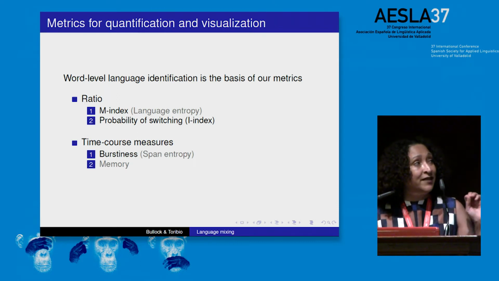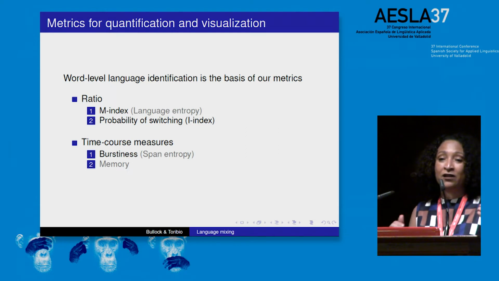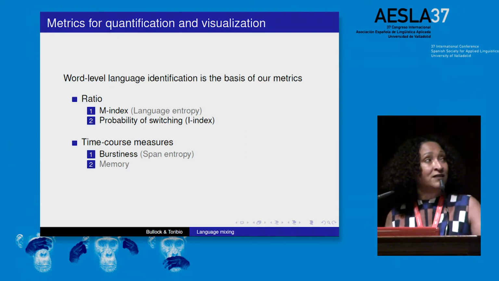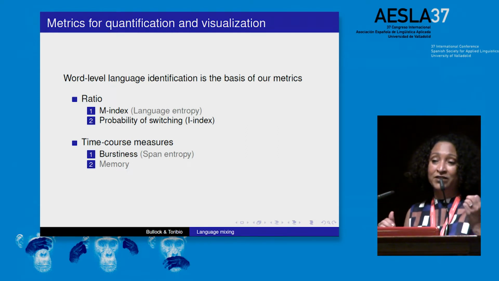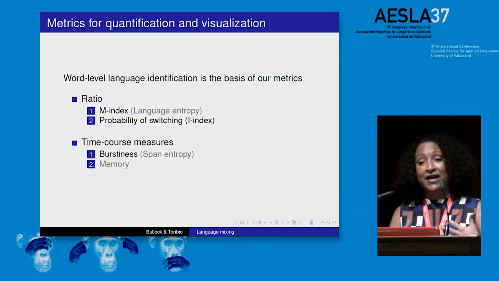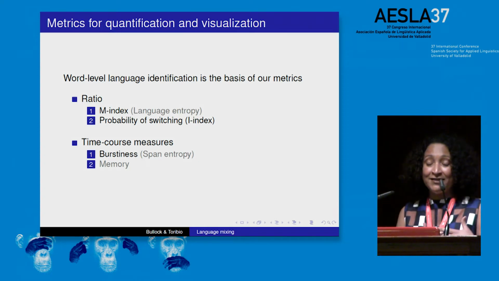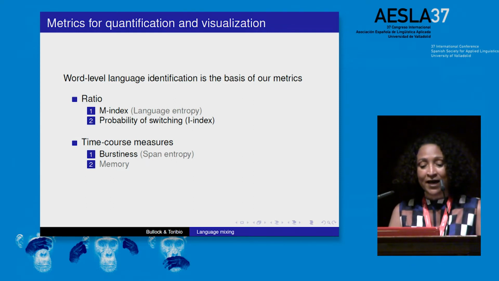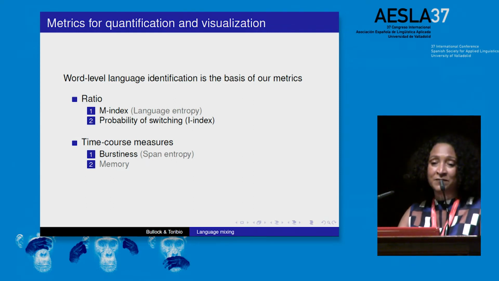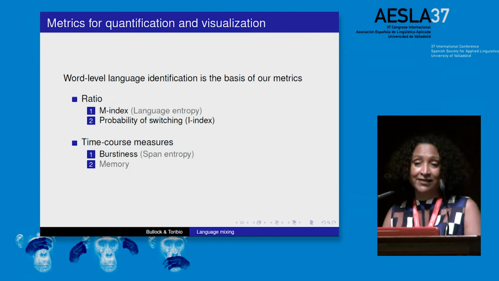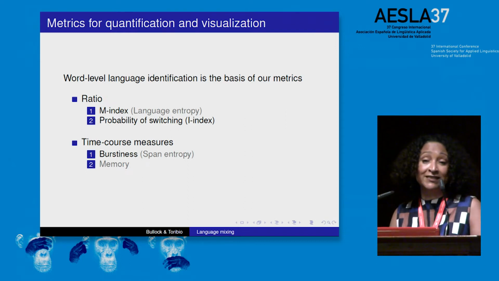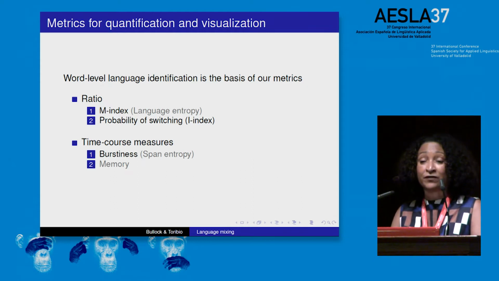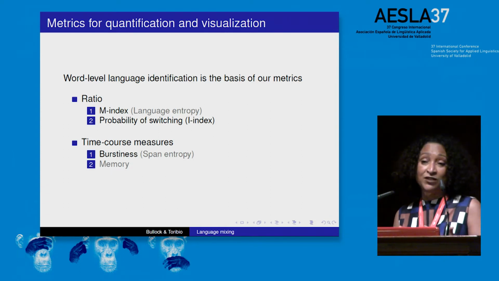First and foremost, I need to stress that all of our metrics are based on word-level language annotation. What that means is that every word in a data set is tagged for a language. This word is Spanish, this word is English. We have a system to automatically annotate our text, and it operates with about 98% accuracy, which is wonderful when you stop to consider how very similar Spanish and English can be with respect to orthography.